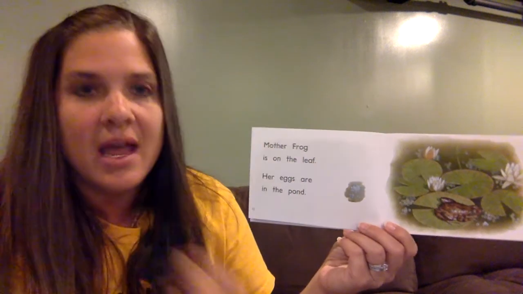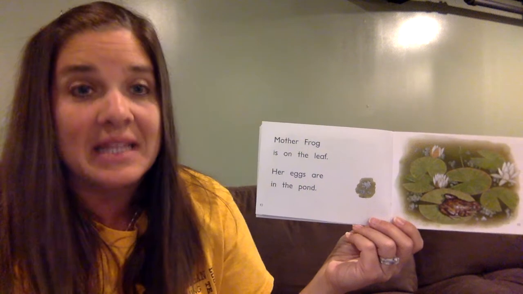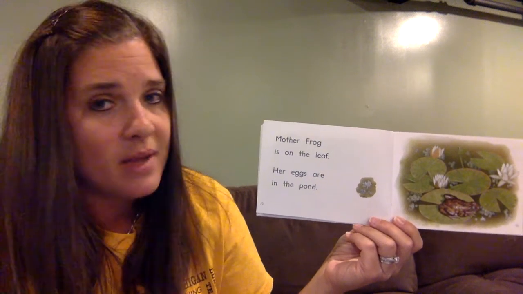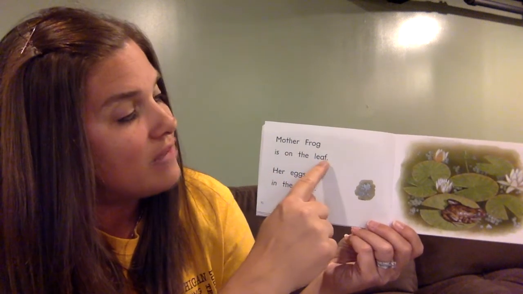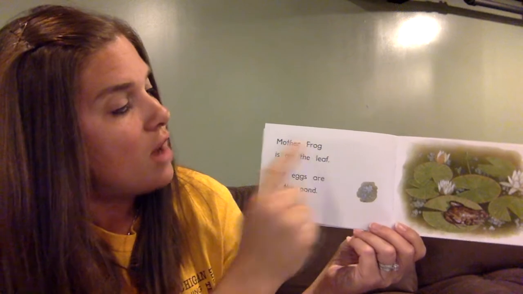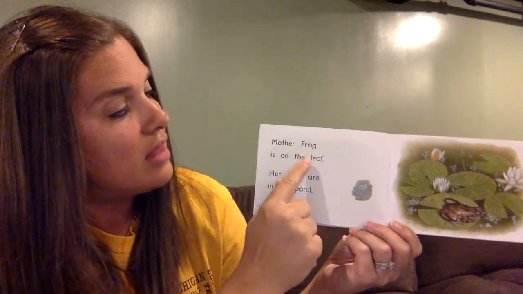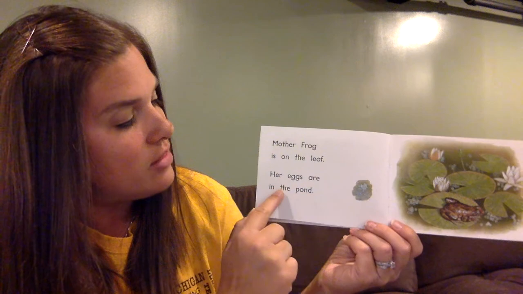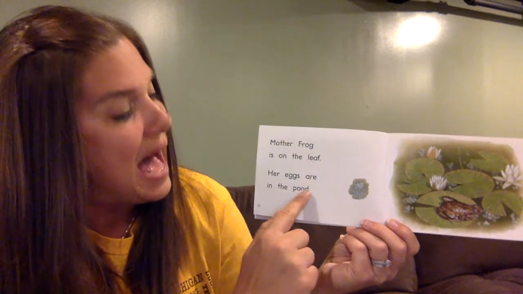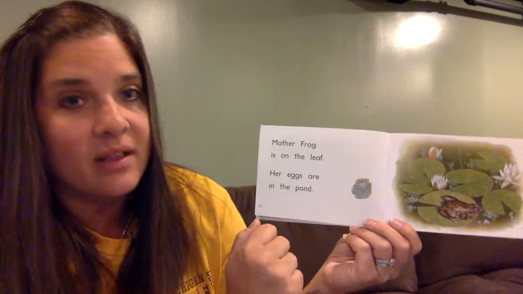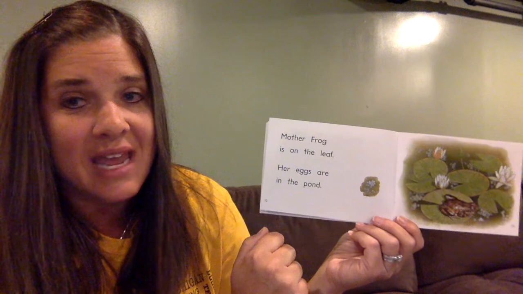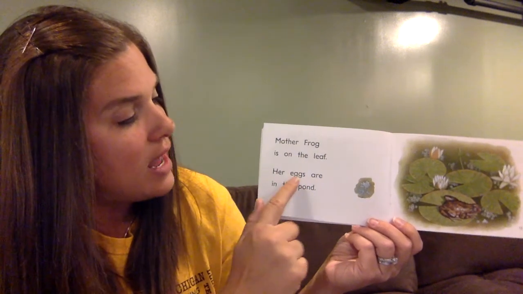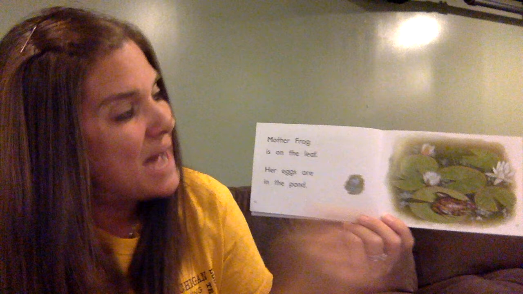I saw that at the beginning because I originally thought maybe it was going to say lily. But if I use all of my sound power, I see leaf. Mother frog is on the leaf. Her eggs are in the pond. That P definitely helped me know it couldn't have been a lake or a river, but a pond would make sense. Her eggs are in the pond.